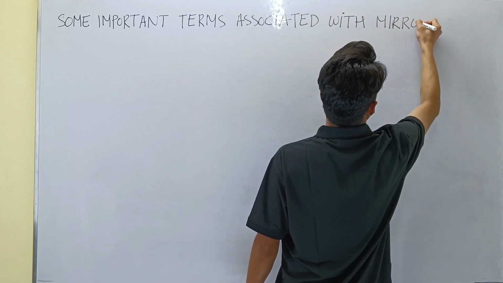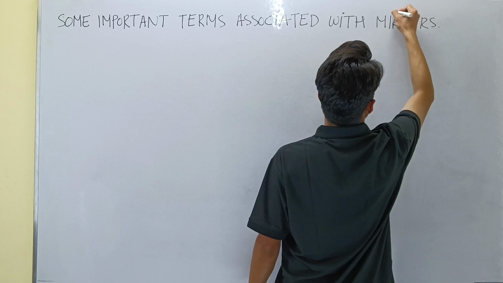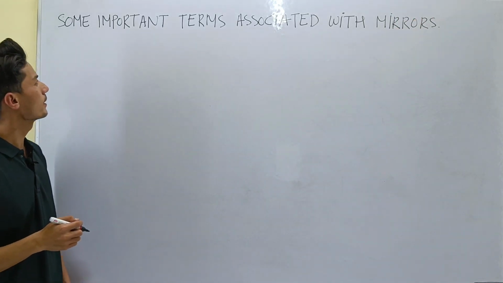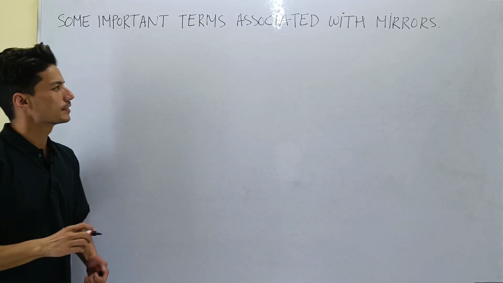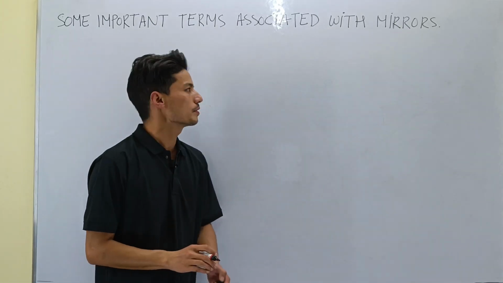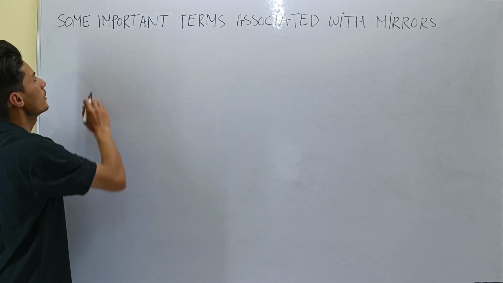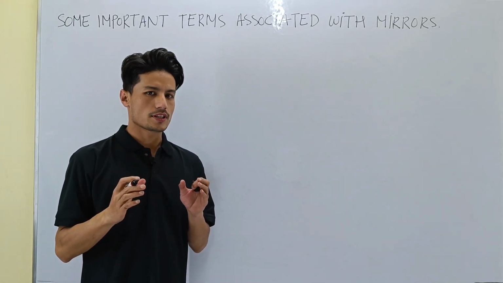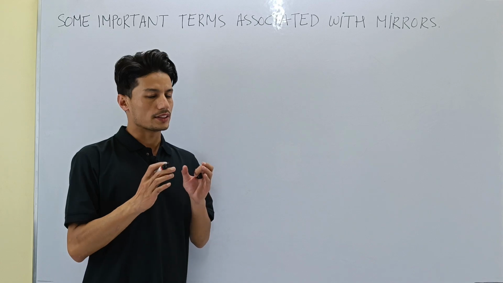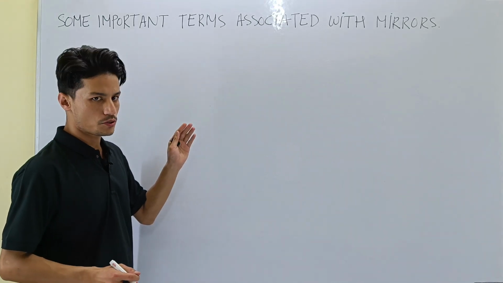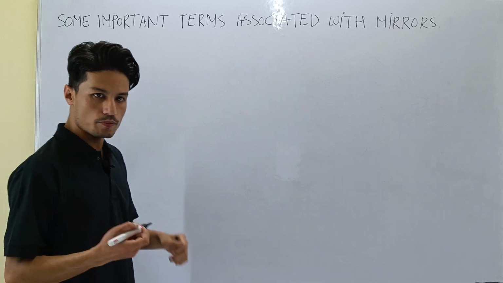I do not have the best handwriting in the world, so please excuse my bad handwriting, but all I want is for you to learn. This is very important, and I want you all to understand it thoroughly. There are some important terms associated with mirrors, so let us go through them one by one.